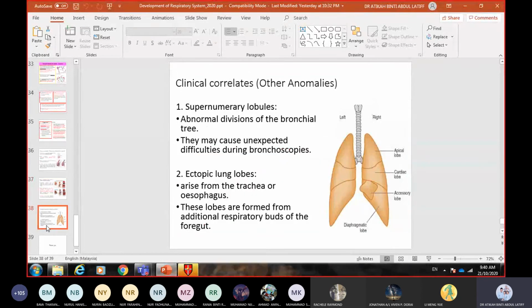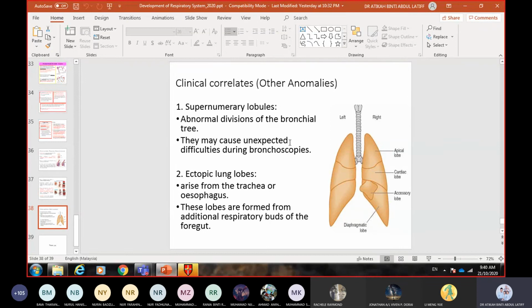Now, other clinical correlates. Usually these don't cause much trouble until you do certain procedures. For example, supernumerary lobes, meaning extra lobes. Here you have a cardiac lobe, accessory lobe, diaphragmatic lobe, and so on. There's supposed to be 3 and 2.